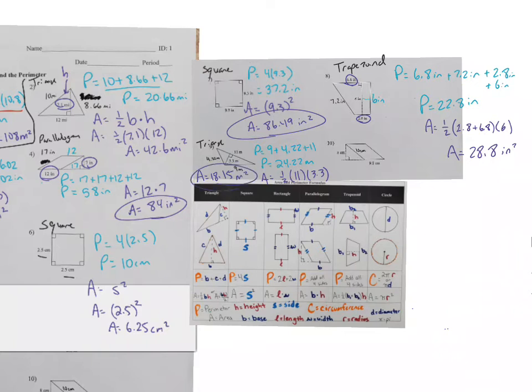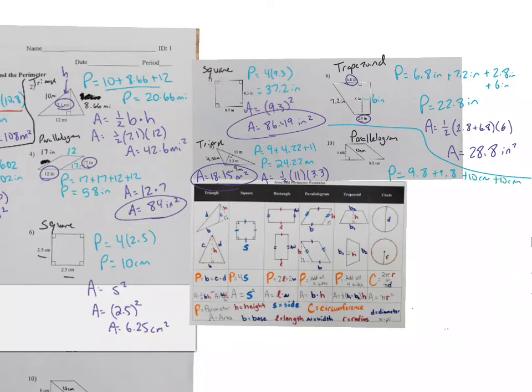All right. Last one, it is another parallelogram. So that's a parallelogram. So remember, my perimeter is going to be 9.8, and the top side is 9.8, and then 10 centimeters, plus the other side is 10 centimeters.